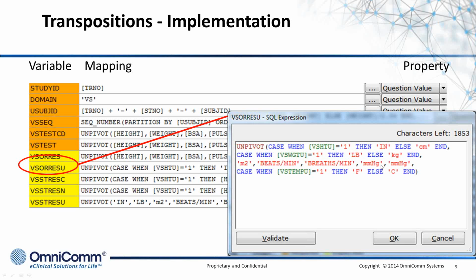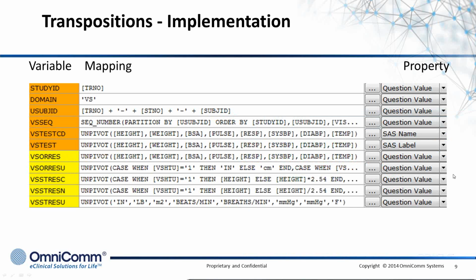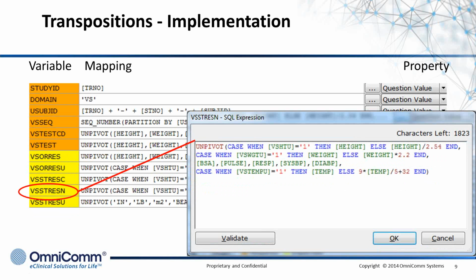All these other variables, this is the blood pressure, respiratory rate, and so forth, can be hard-coded. They're implied in the protocol. And then one more mapping for the temperature units. And then we can do something very similar for the result in standard units. So here's our familiar 9/5 of C plus 32 that will give you Fahrenheit. So again, you're doing both inline transpositions and this unpivot all in one go to produce that vital signs domain.